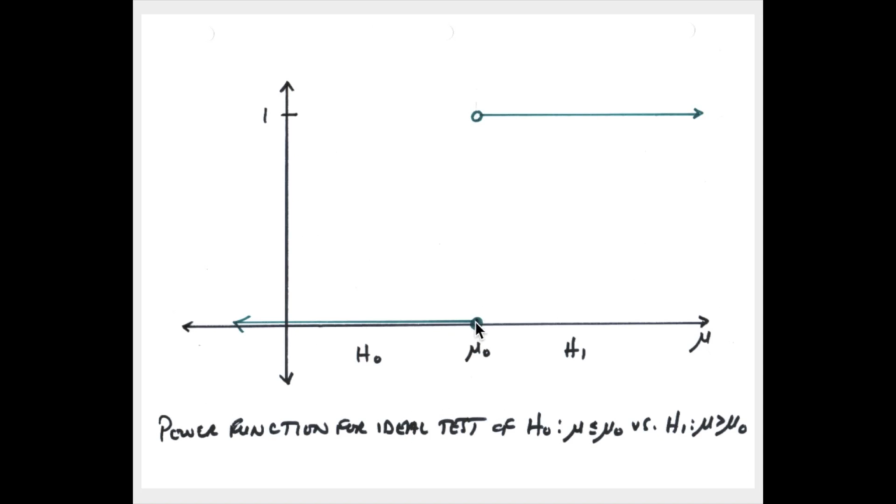So there would be a 0 probability of rejecting if mu were here or to the left. On the other hand, if mu were greater than mu naught, then the ideal test would always, 100% of the time, reject. So the probability of rejecting for any value of mu out here would be 1. Those are the graphs of the power functions for ideal tests.